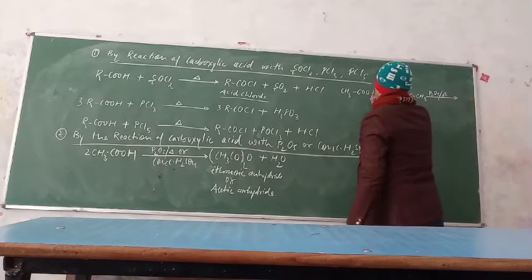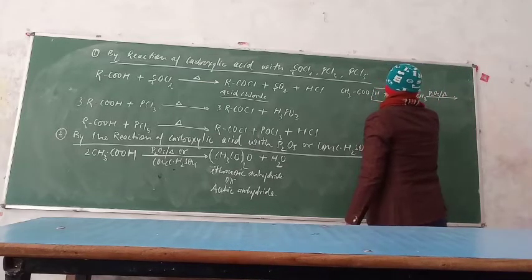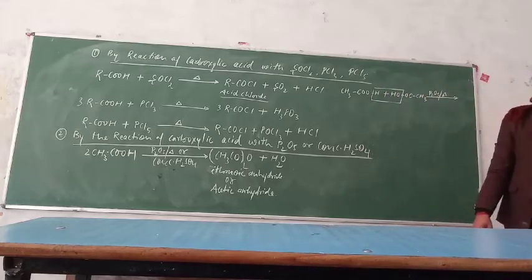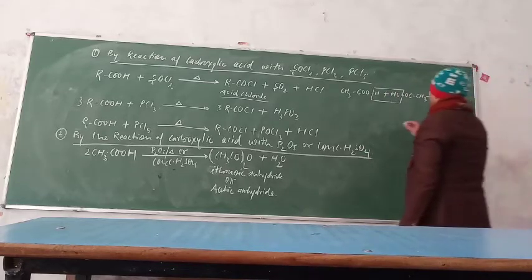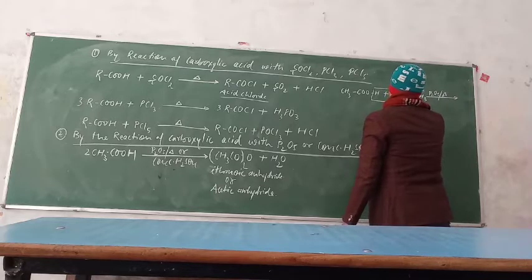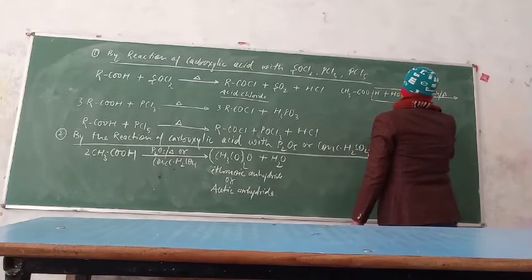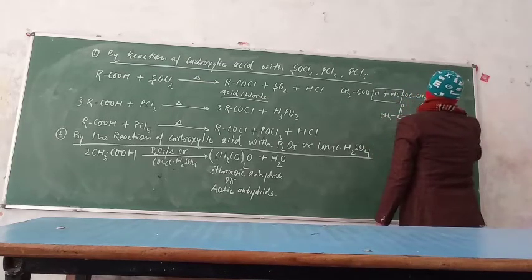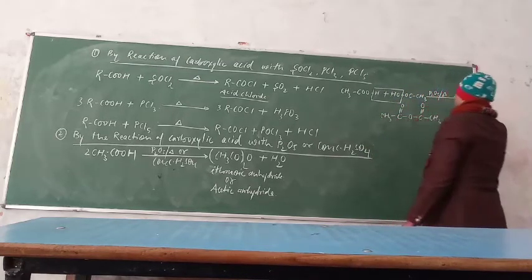Then from here one hydrogen and one OH group are removed, and we get the compound like this: CH3, C double bond O, single bond O, single bond C double bond O, single bond CH3, plus H2O.